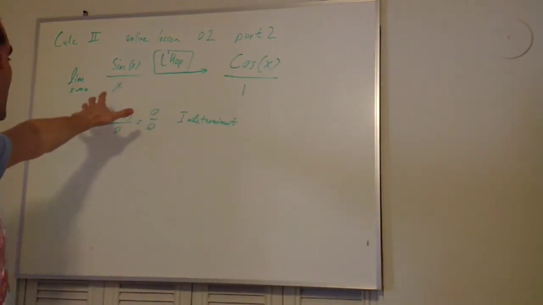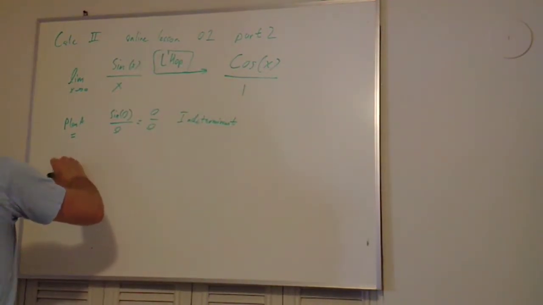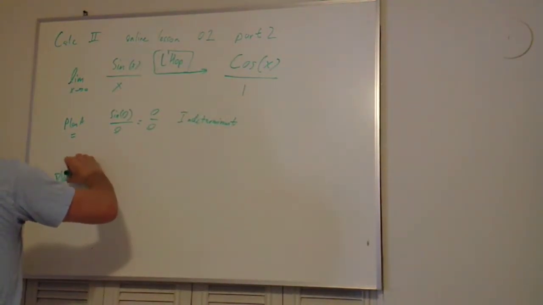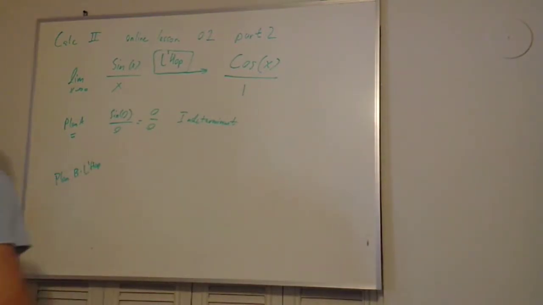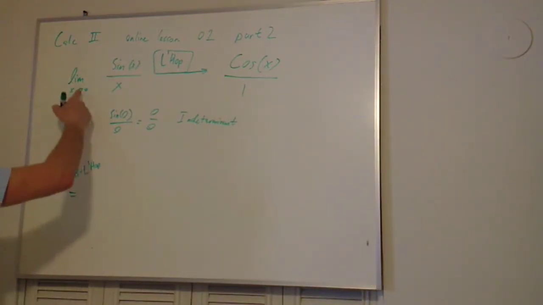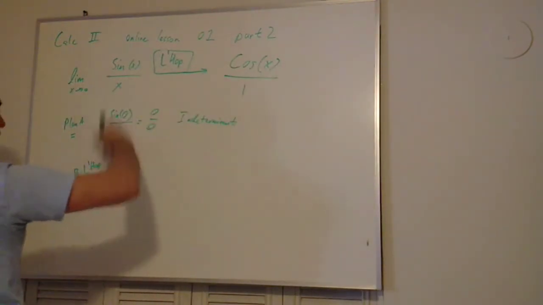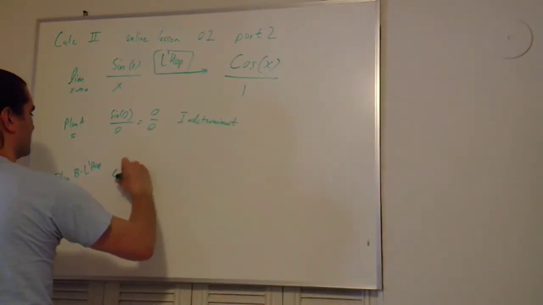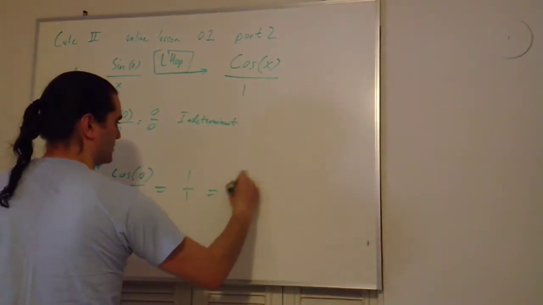So, we L-hop it, we get the cosine of x over 1, and then we plan B L-hop, still don't know what to call this. Plug your number in, x equals 0, plug that into the L-hopped version of this limit. You get cosine of 0 over 1, which is 1 over 1, which is 1.